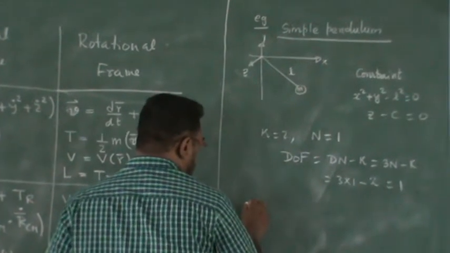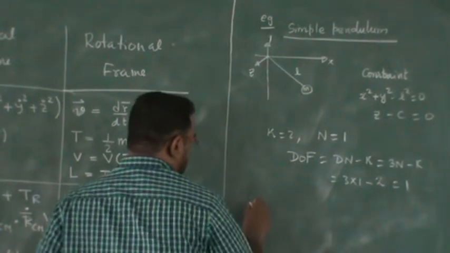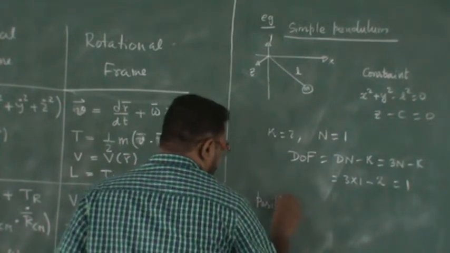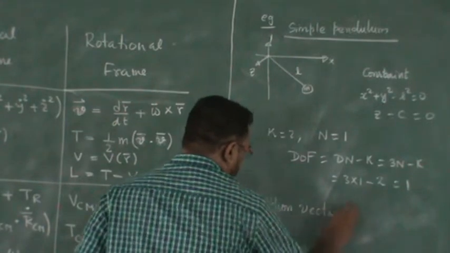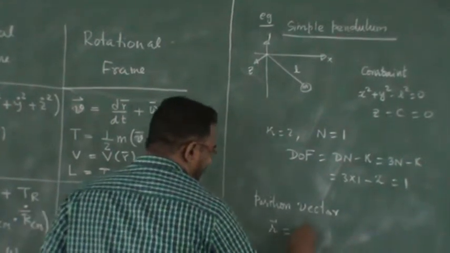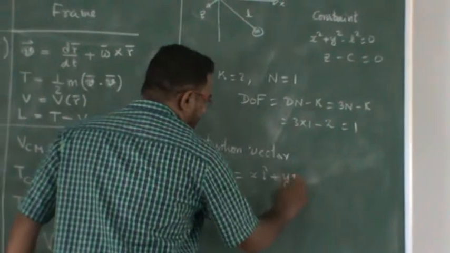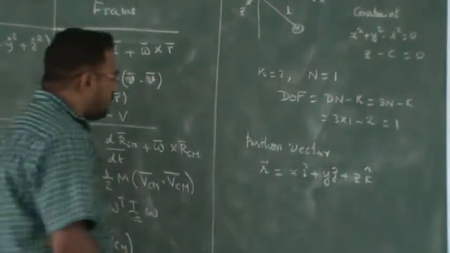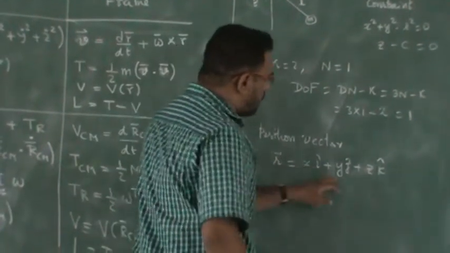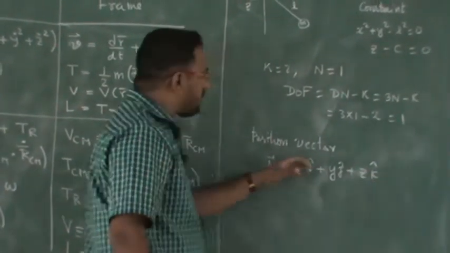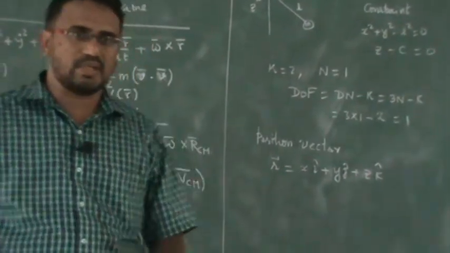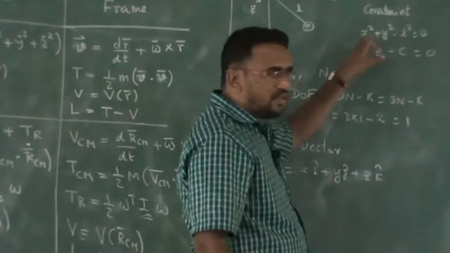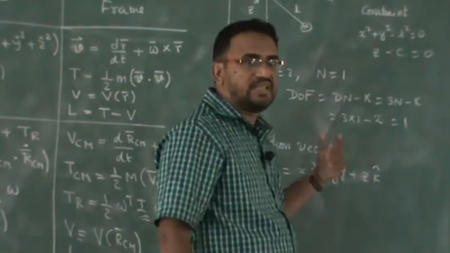Now what is the transformation? The next thing is to compute the position vector, r vector equal to x i plus y j plus z k. This is not the proper coordinate system because the coordinates x and y are not linearly independent.